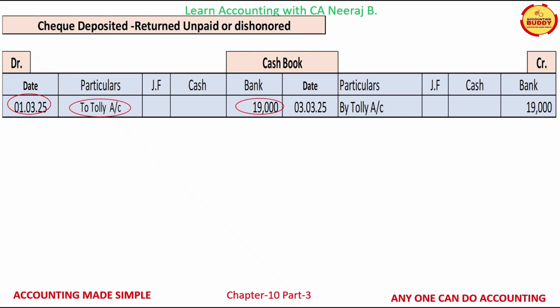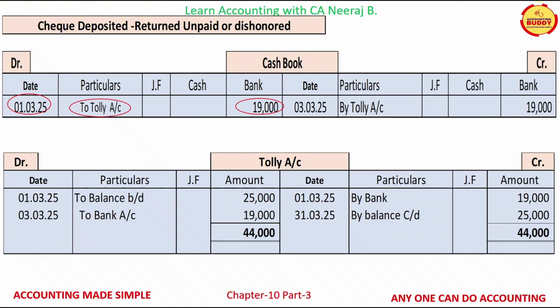The corresponding entry is posted in the account of Toli as displayed on your screens. An amount of $19,000 will be posted on the right-hand credit side of the Toli account on 1st of March 25 by writing the words by bank account.